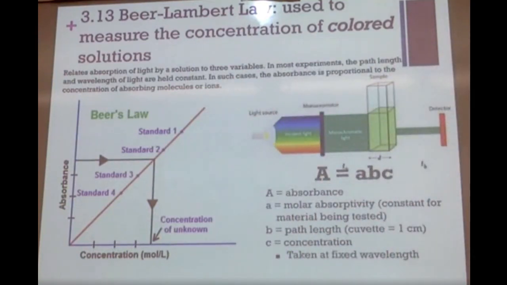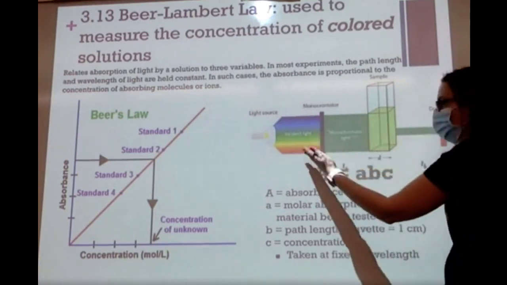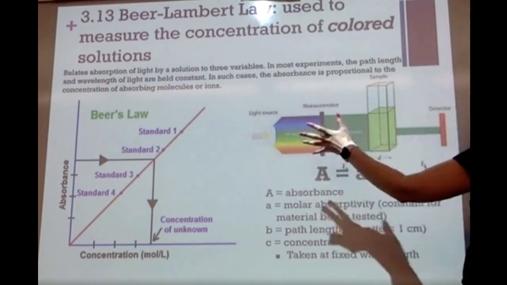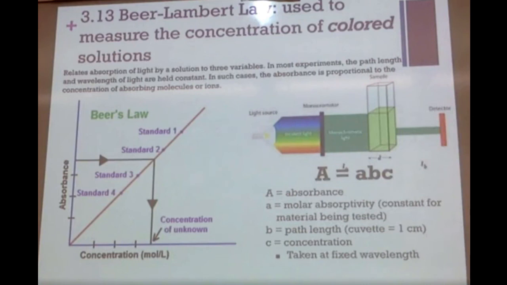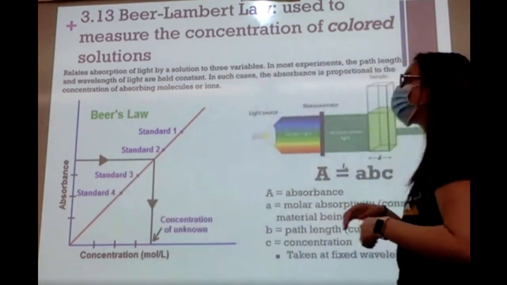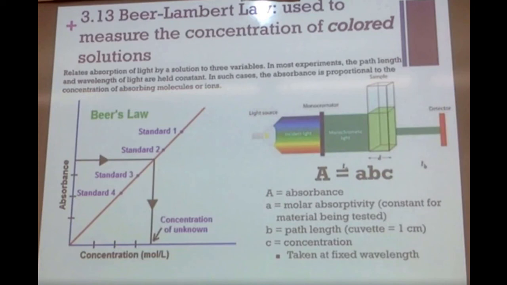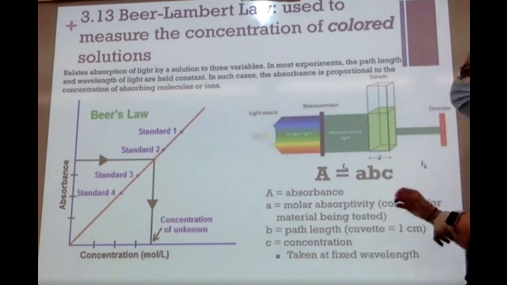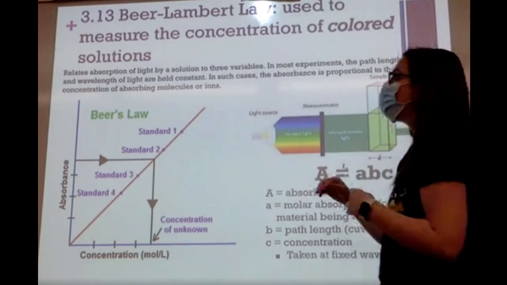Because this deals with light, we look at different wavelengths. So we have a certain wavelength of light that we can shine through. If we change the wavelength, we change our results. So we will look at questions that have Beer's law tied in, look at some multiple choice answer for your response that look at Beer's law. But what this does is it looks at absorbance versus concentration.